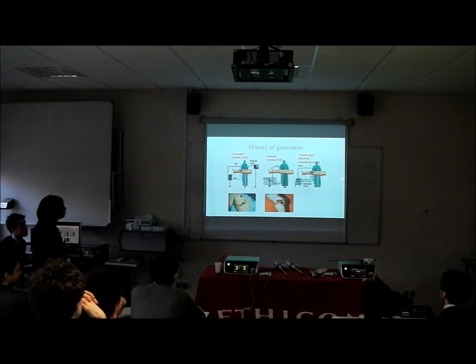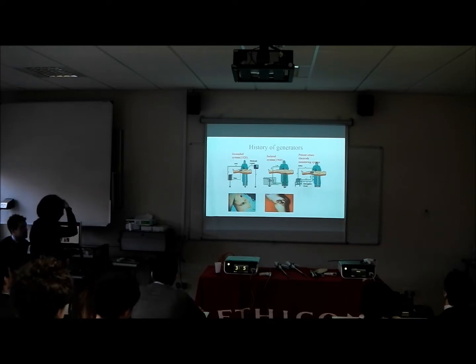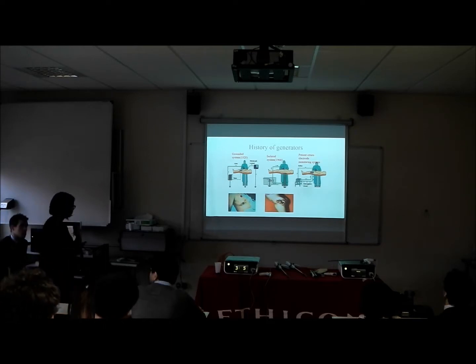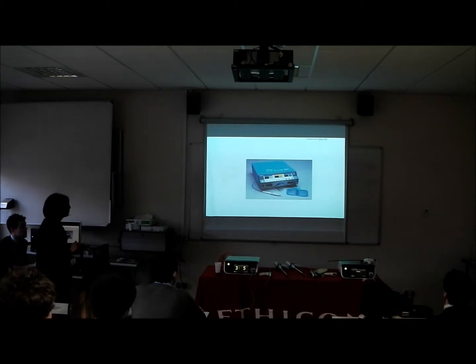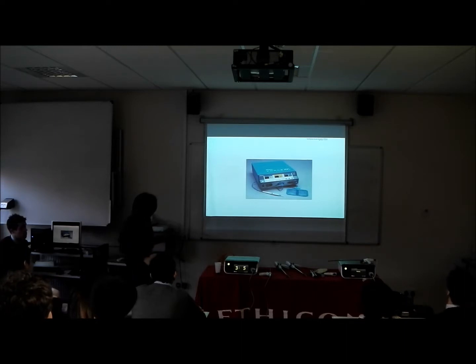So this is what we are using at this point in time, this patient return electrode type of system. When I go to the next slide, I'll show you how. This is what our generators look like in our theaters. This is where you get the power.